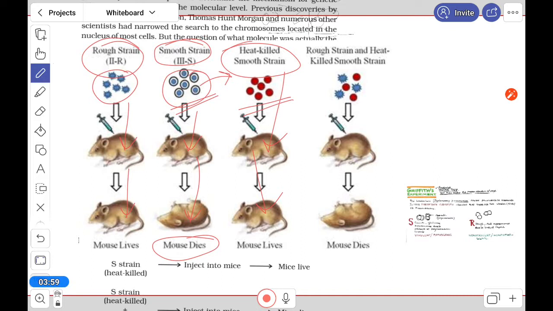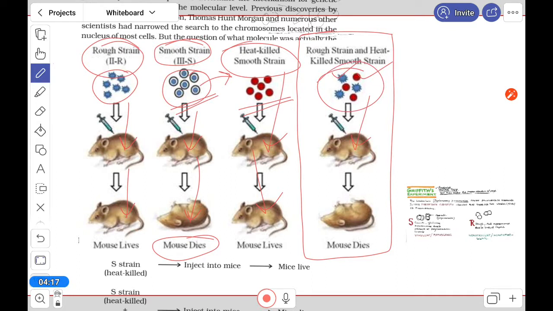Now look at this amazing part here in the fourth situation, where he mixed the rough one, which is non-virulent, and the heat-killed one, which is also now dead, mixed them and injected them into the rat, and this mouse will die.